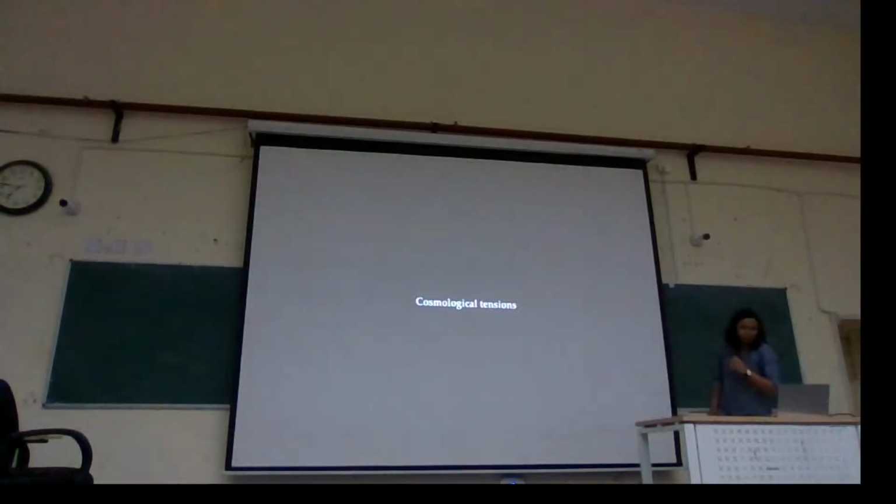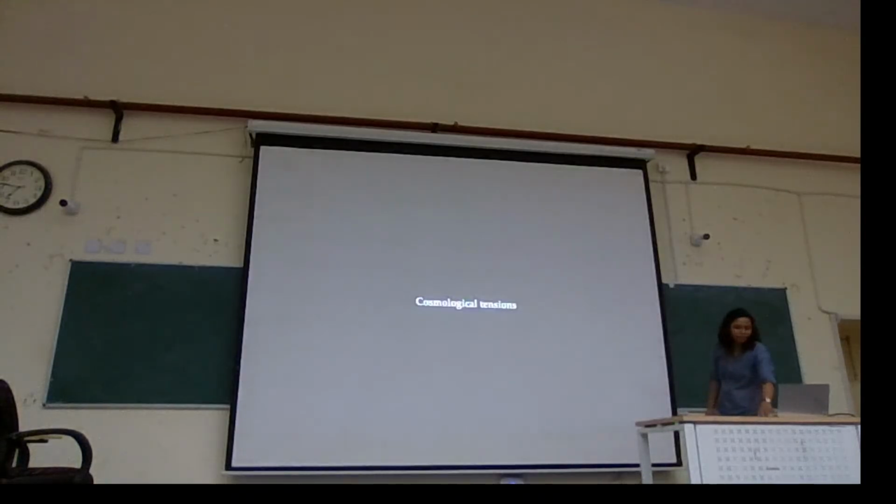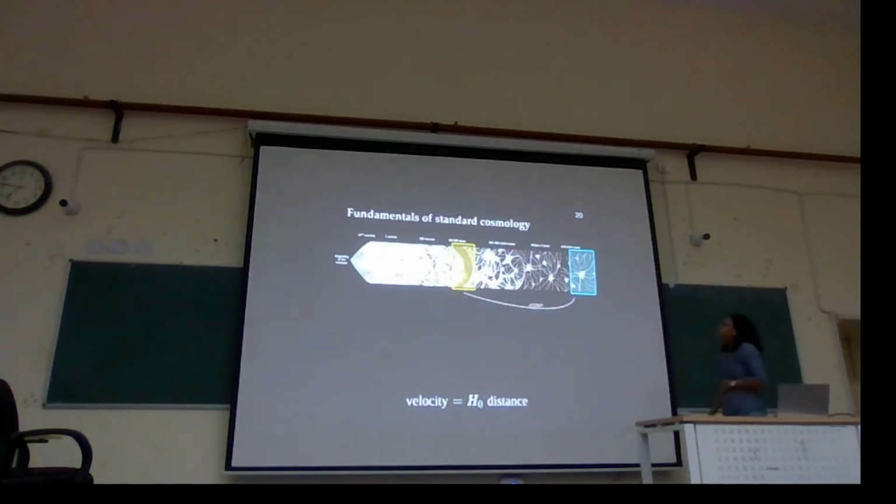And the final thing is about the cosmological tensions. So we know the universe is expanding, but there's a debate about what speed it is expanding at. Right? So there are two kinds of measuring techniques which measure the expansion speed of the universe.